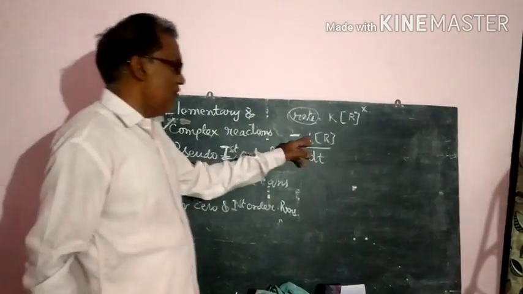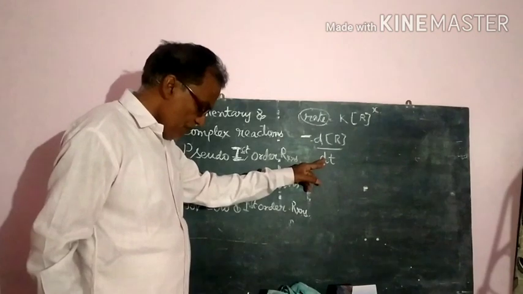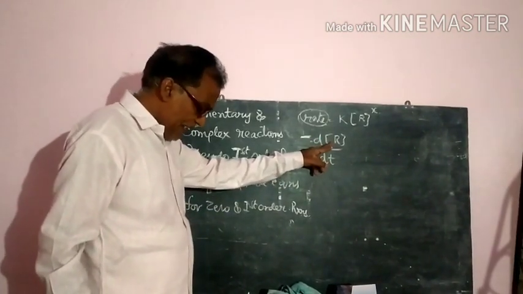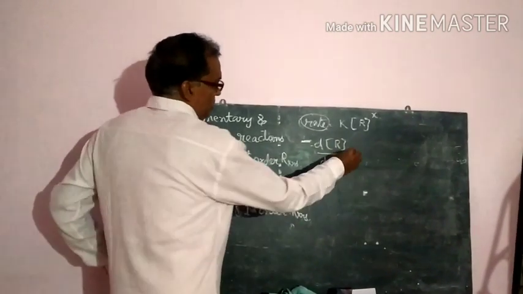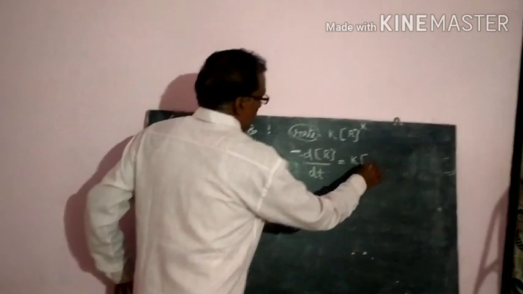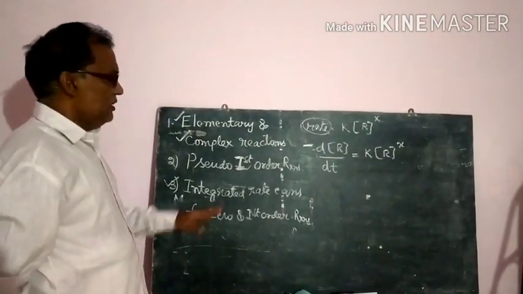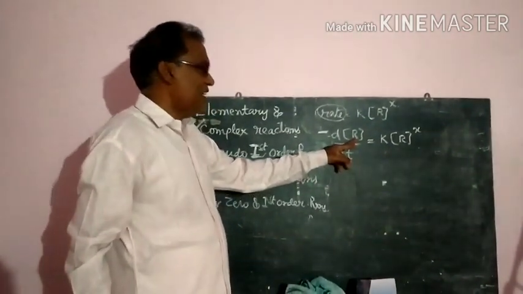These are called the differential rate equations, where the rate depends on the concentration. So this is nothing but K into R to the power x, mainly depending upon the concentration of the reactants.